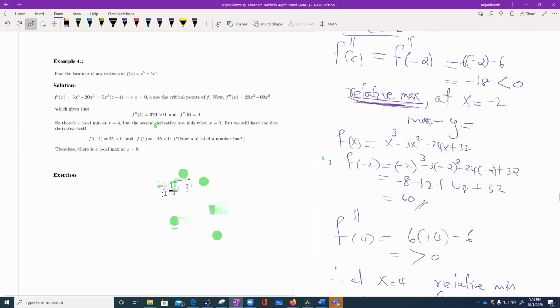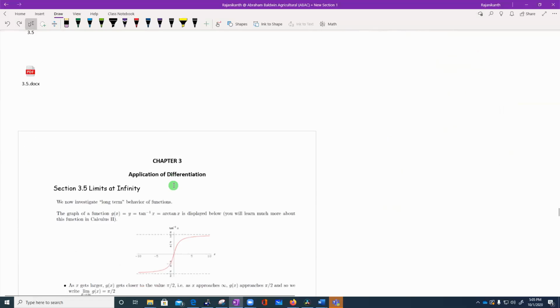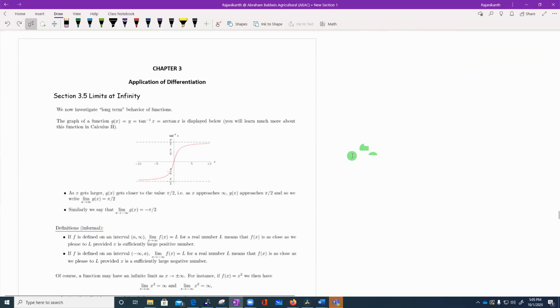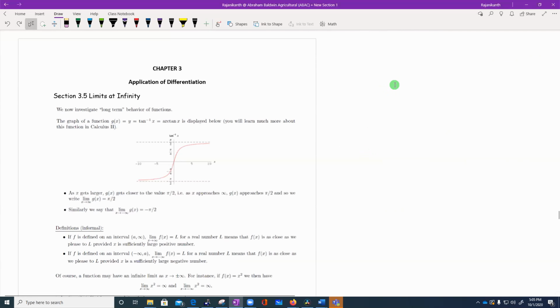So now let's move to the last section for today. This is finding the limits. Now we are going back to the limit problem, but now we are going to find the limit at infinity. Earlier, remember in chapter 1 and 2, we found the limits for any function at the real value a, right?